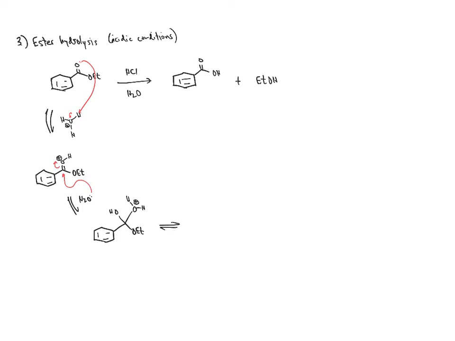Then, of course, we need to form a neutral species, so let's deprotonate. Now, our goal here is to sever the carbon-oxygen bond to the ethyl group, so we can reprotonate that ethyl ester part to generate a better leaving group.